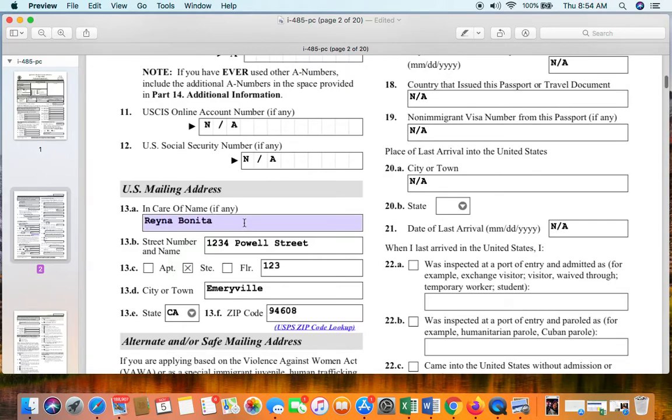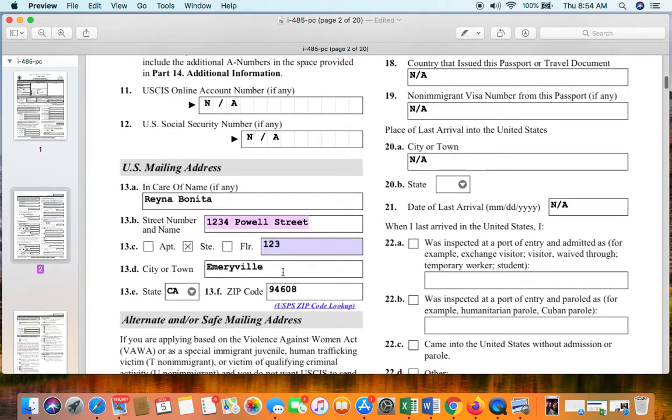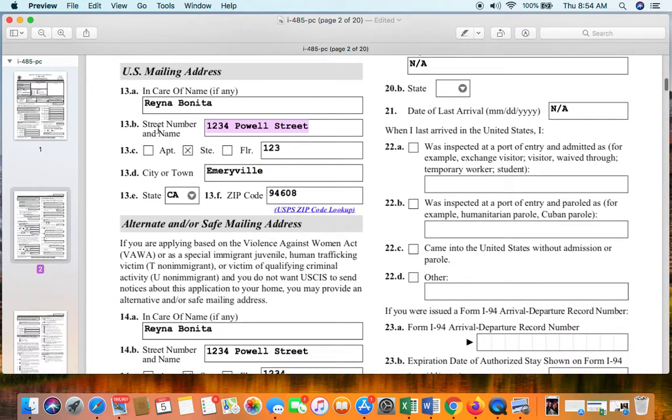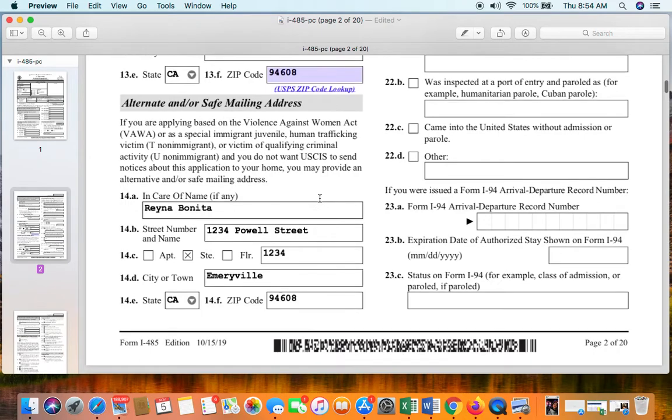I will put my name right here, my address. So I will be the one receiving her mail from the US immigration. So you put your apartment number like 123, city or town, Emeryville, state, California, USA, and zip code 94608.